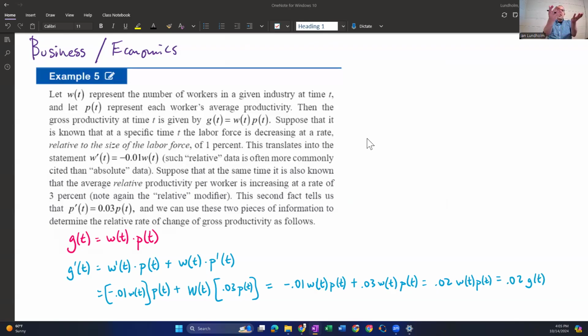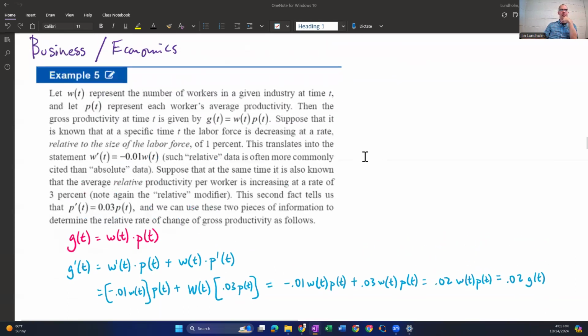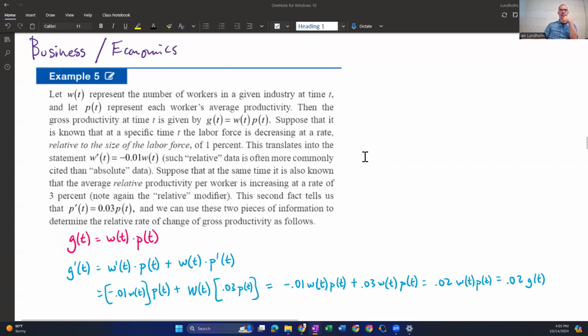So again, we're dealing with some very basic differential equations here. And we end up getting a result using the product rule that says overall, yeah, we're gaining in productivity. That's cool. This again is an introductory thing, but calculus is used in business and economics all the time.